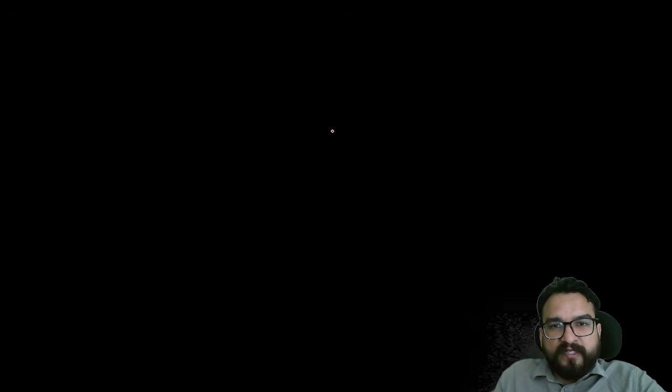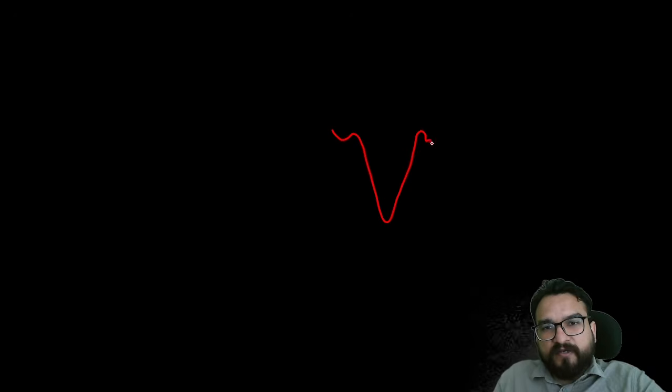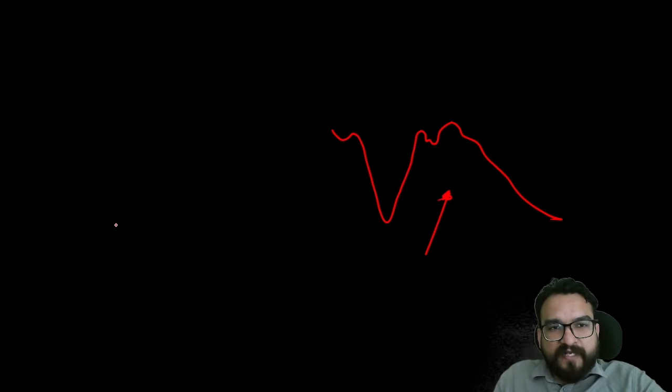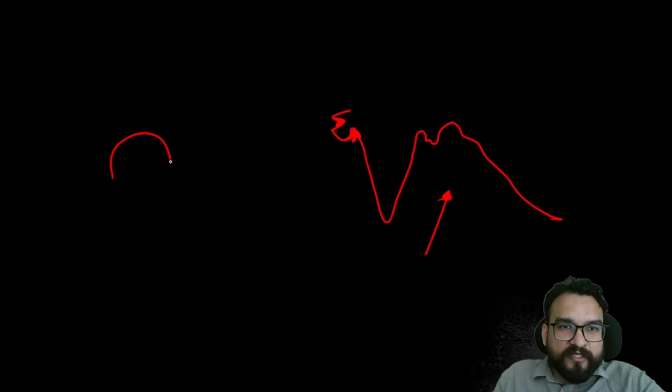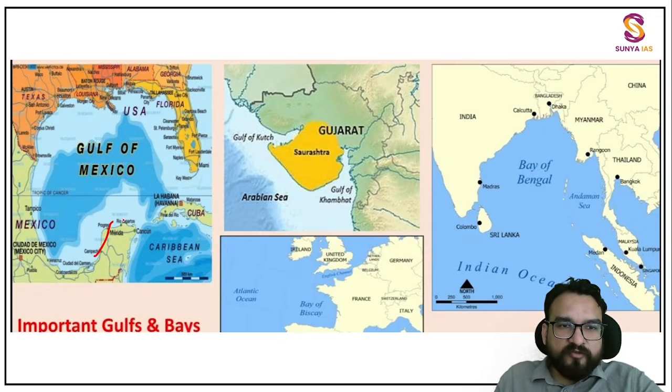So over here you find, that's why in India you will be finding this is a bay because wider opening. Whereas Gulf, over here you are having this Gulf of Khambat. Why? Because narrower opening. This is Gulf of Kutch, narrower opening, right? Gulf of Mexico, again narrower opening over here, right? This is completely covered over here. So that's why Gulf of Mexico like this.